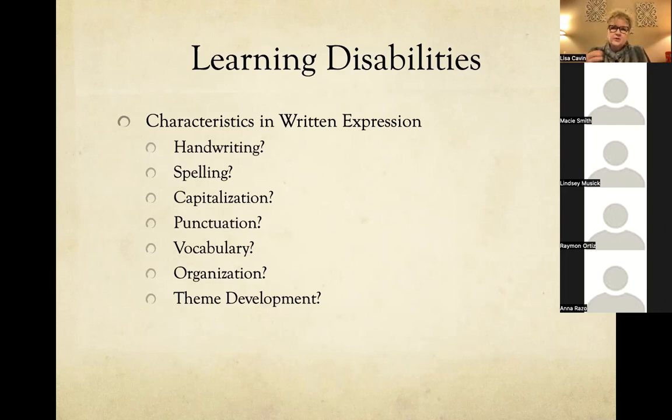Can you put together a good paragraph, not looking so much at the nuts and bolts of writing, but more at the qualitative aspects? Can you put together a paragraph that makes sense? Can you get a message across to a reader? Some of those kinds of things.